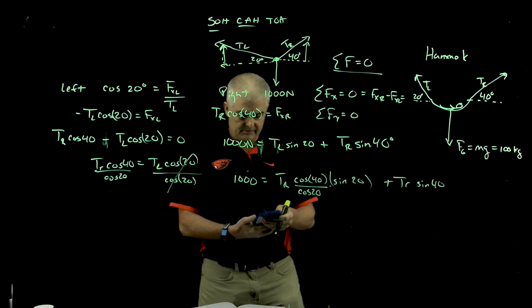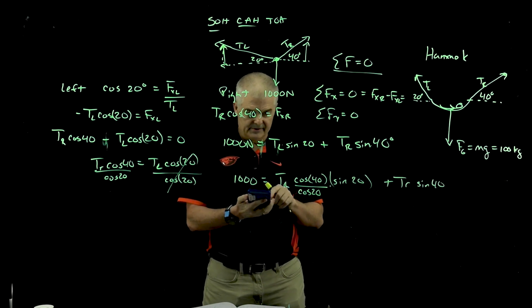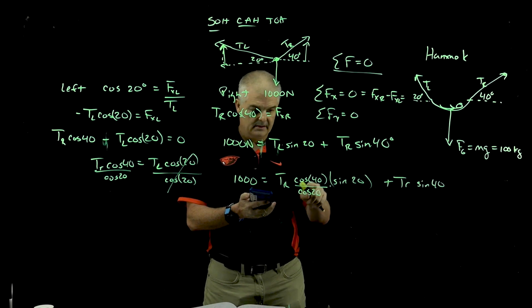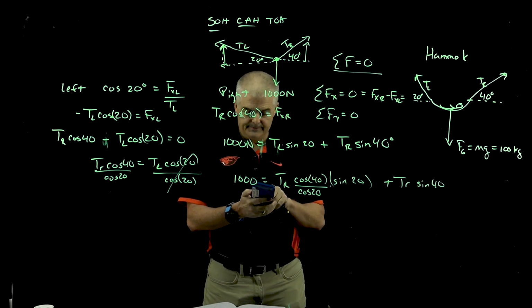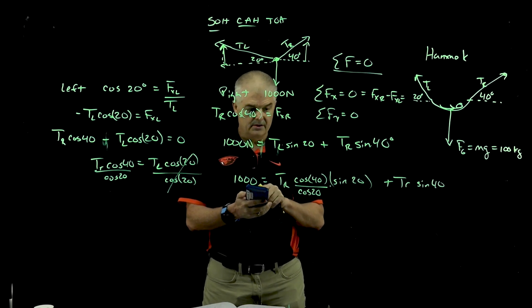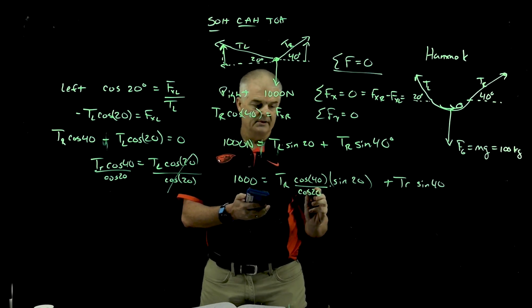Now I'm just going to do some algebra on my calculator. Cos of 40 times sine of 20 divided by cos of 20 gives me 0.28.